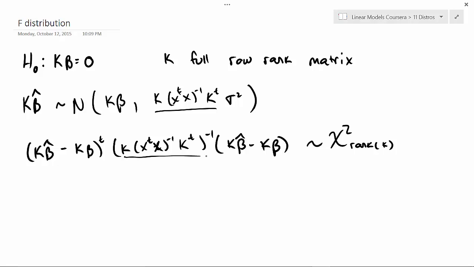Furthermore, the only thing random in this chi-squared is beta hat, and we know that this is independent of s squared.